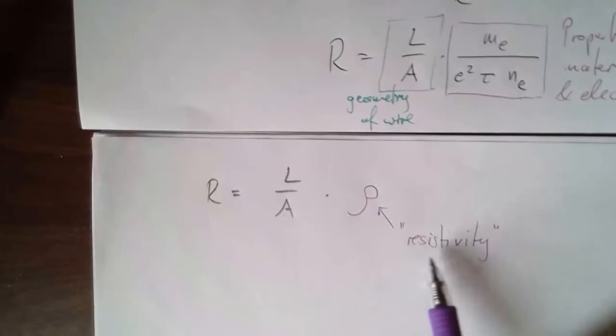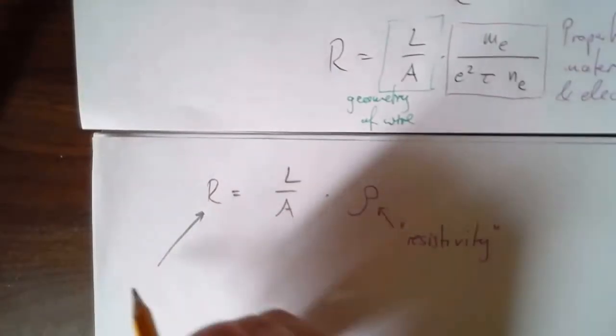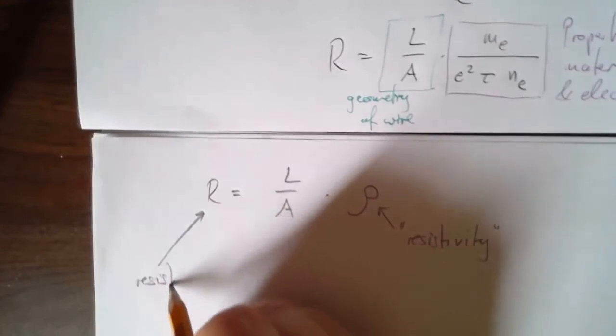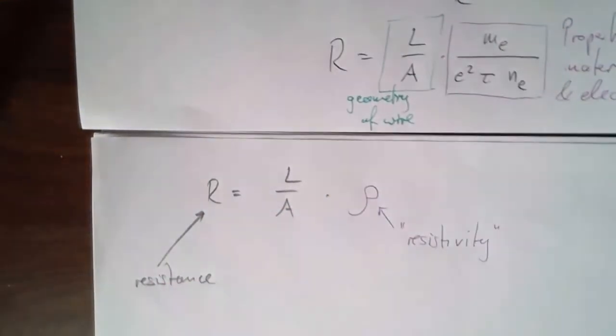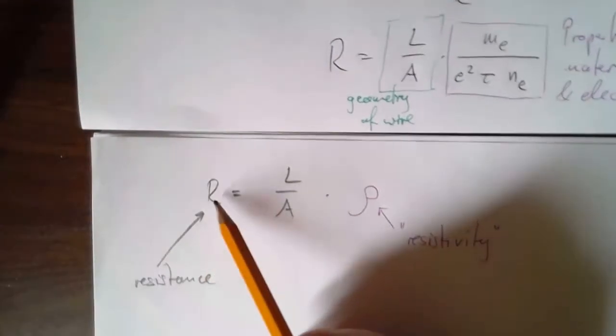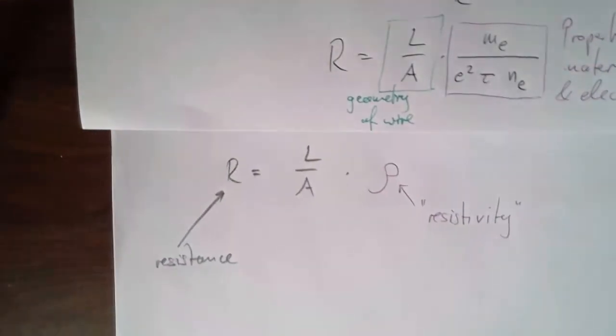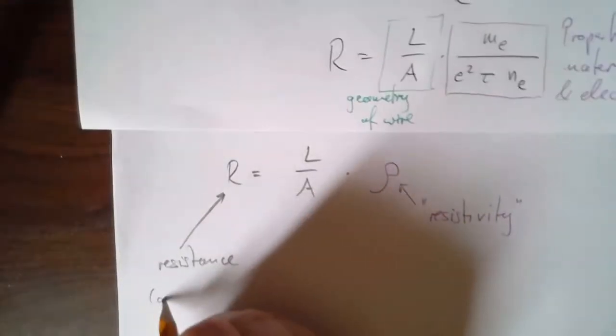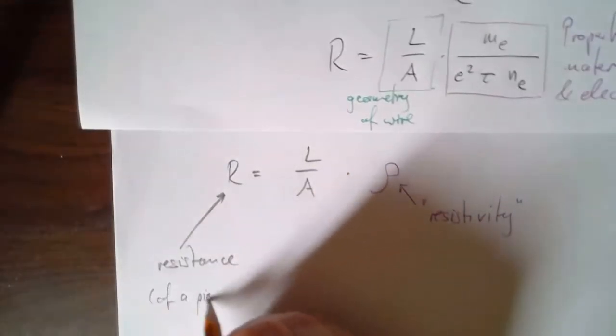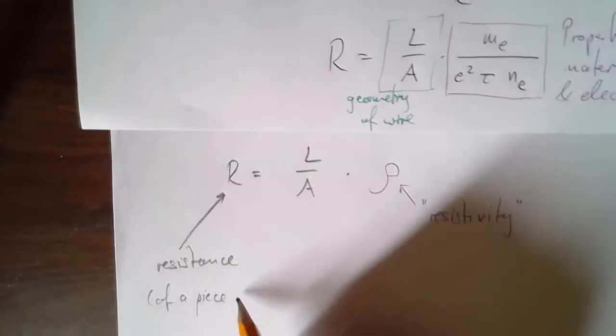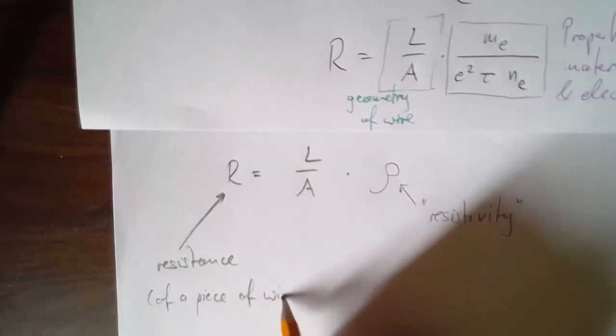Notice that resistivity and resistance are different things. The resistance is of a piece of wire. It could be the filament in a light bulb.